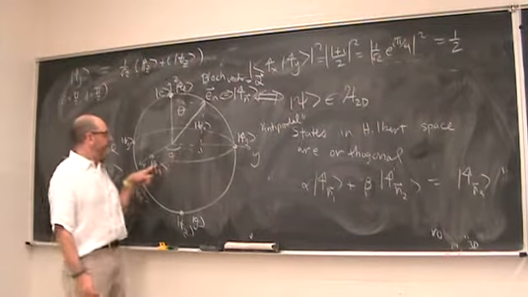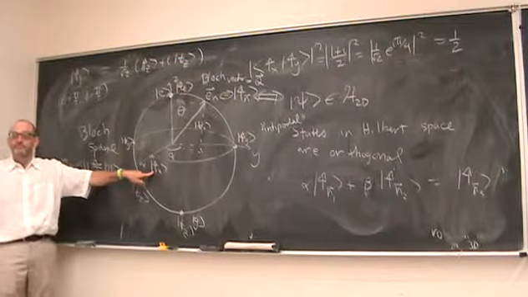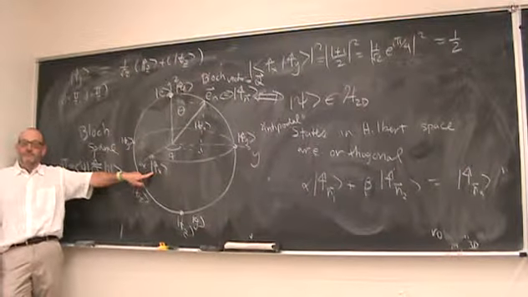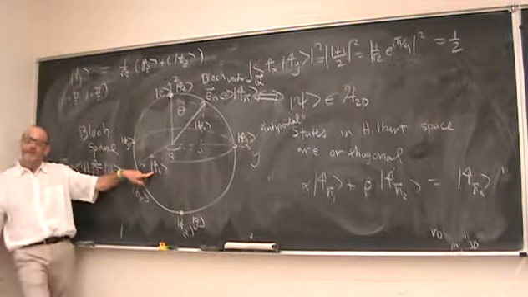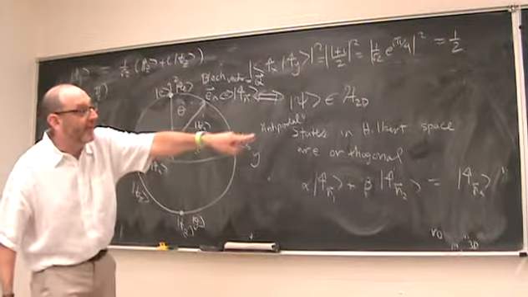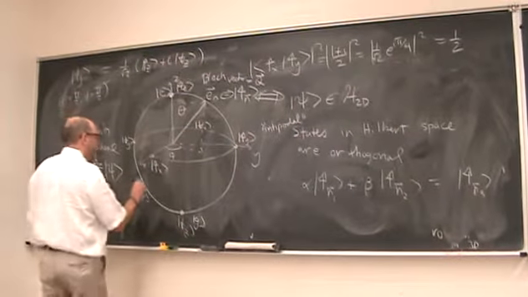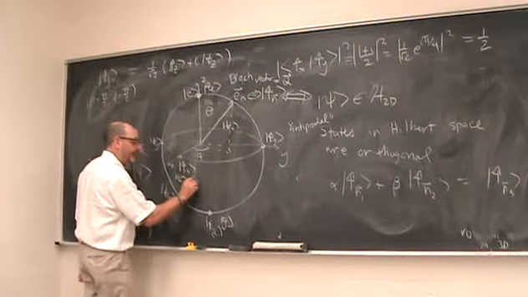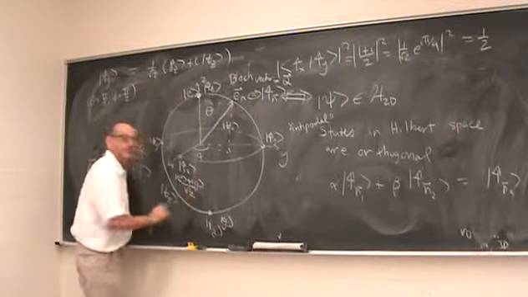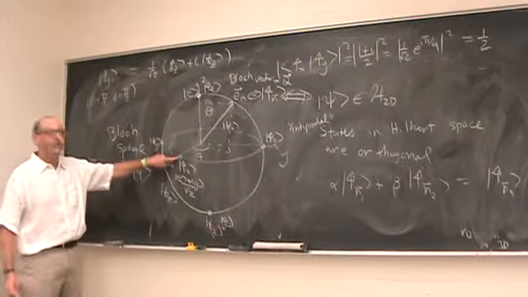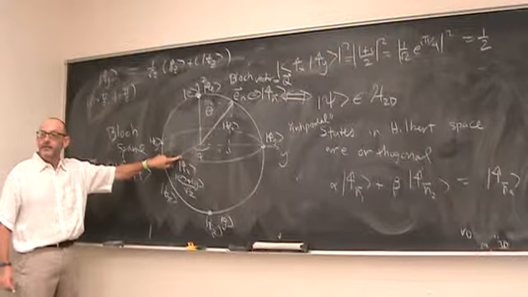Then what is this state? It's excited plus ground, because that's what we said spin up along x is, right? So this is the superposition excited plus ground over root 2. It sits right over here on the Bloch sphere.